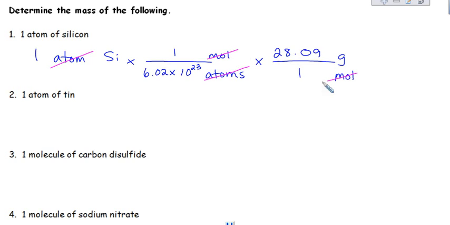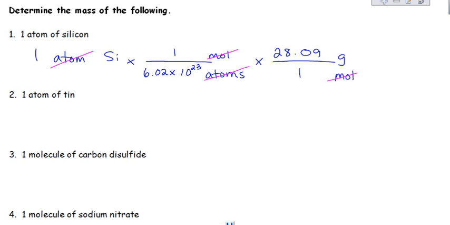Moles and moles will cancel, and then I just plug this in my calculator. I'm going to multiply across and divide by anything on the bottom. So I really have 1 divided by 6.02 times 10 to the 23rd times 28.09.